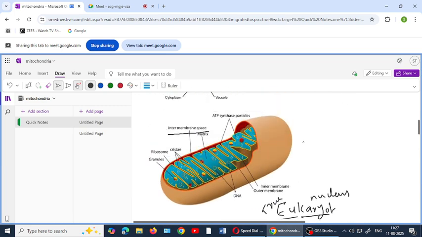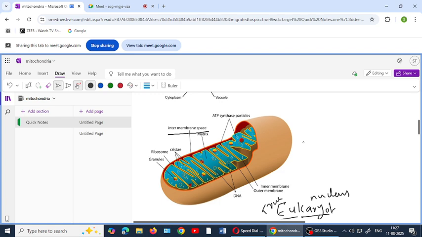Mitochondria have their own DNA. Mitochondria matrix is included what? Granules, ribosomes, some ATP synthase enzyme particles, and their own DNAs. And they have cristae to increase the surface area. The cristae have some oxysomes which are involved in the production of ATPase enzyme which produce ATP.